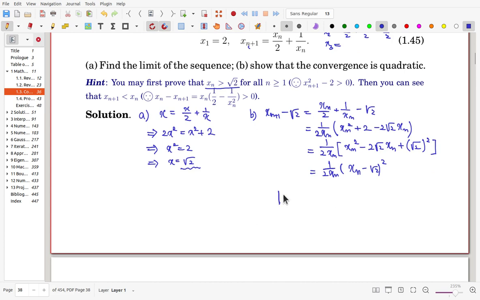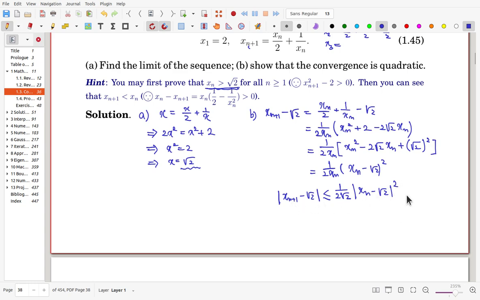The absolute value of xn plus 1 minus the square root of 2 is the same as that. Now xn is larger than the square root of 2 for all n, so this term is smaller than 1 over 2 square root of 2. And for this term, we have xn minus the square root of 2, squared.